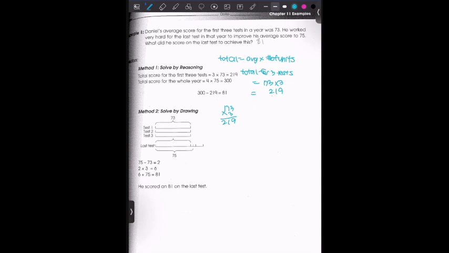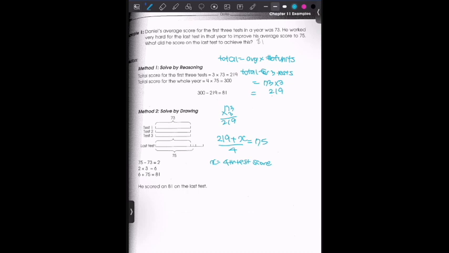And so now for the next test, we have 219 plus x, where x is going to be the 4th test score. 219 plus x, and the average of those 4 tests, so we're going to divide by 4, is going to equal 75.